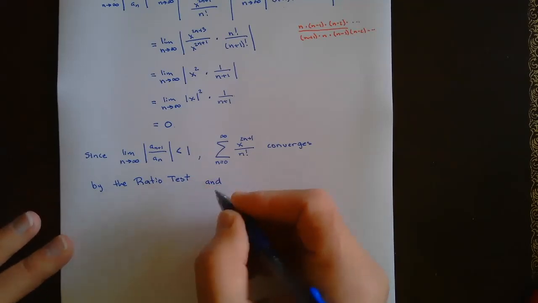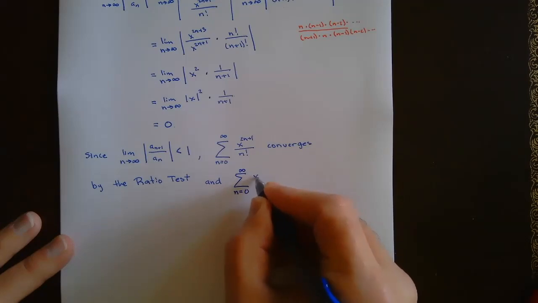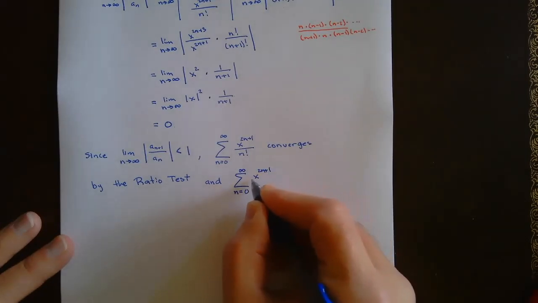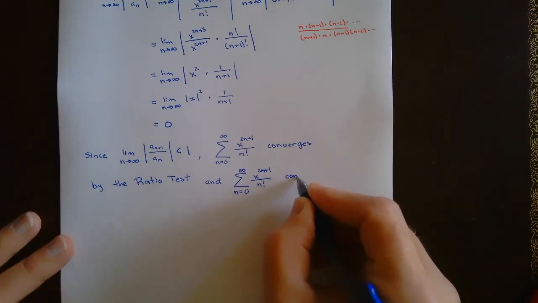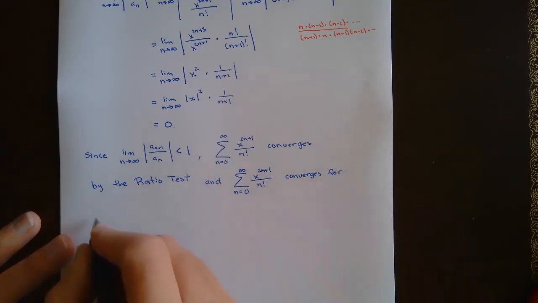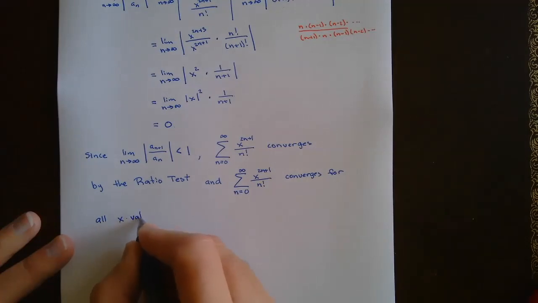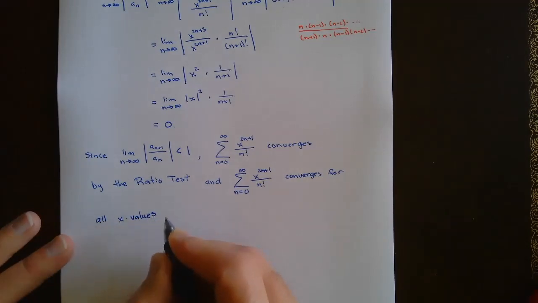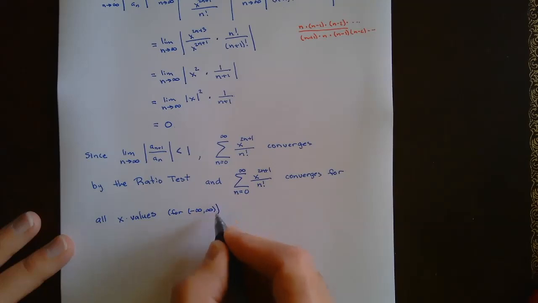And the series n equals 0 to infinity, x to the 2n plus 1 over n factorial converges for all x values. Or you could also say for negative infinity to positive infinity. You could write it as an interval, okay?